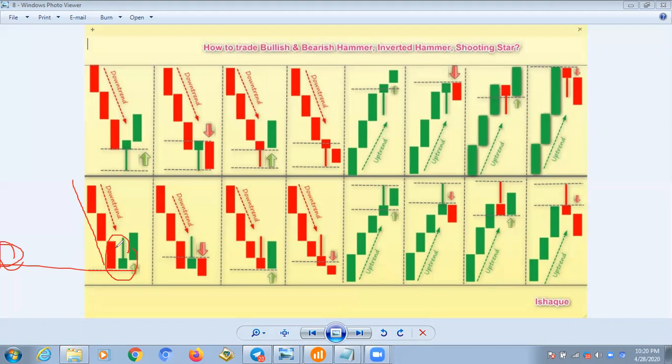But there are some criteria, some other concepts. If all the concepts are met, then we can say the market will change to a new direction.